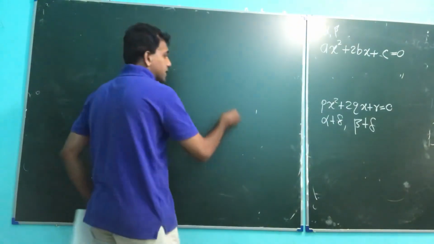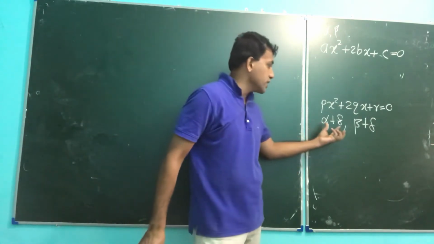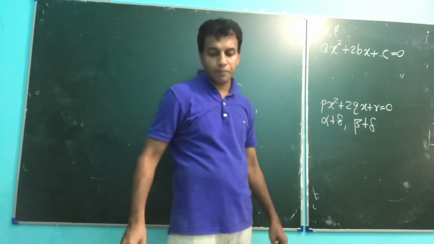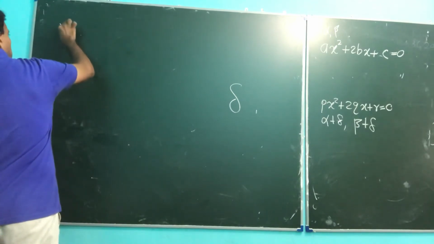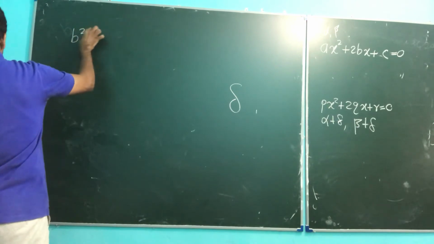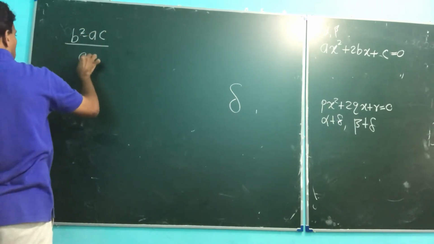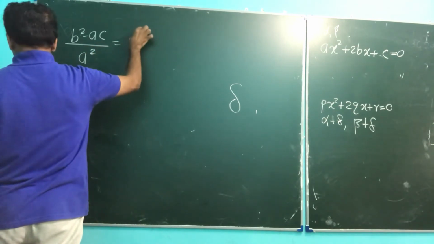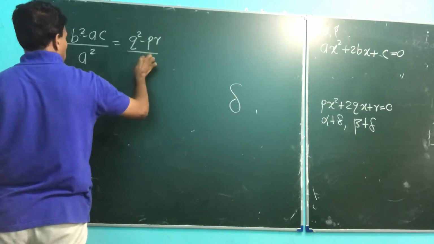You know this is called delta, right? One root is alpha plus delta, the other root is beta plus delta. Then show that b square minus ac over a square equals q square minus pr over p square.